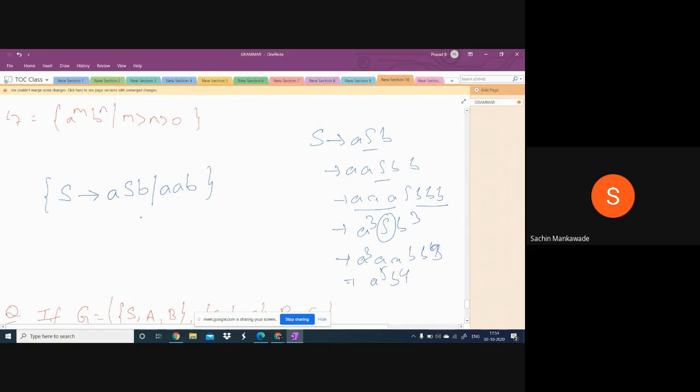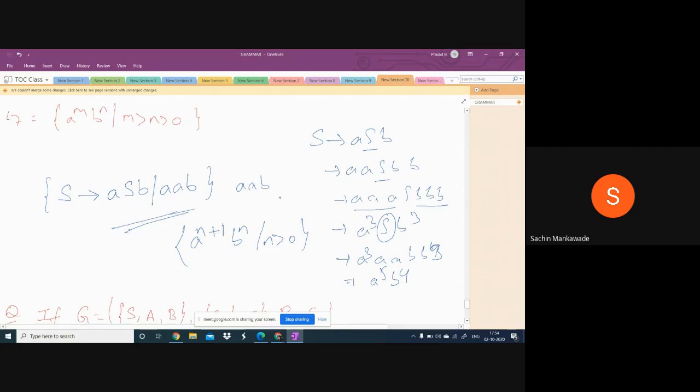So this will give the language A power n plus 1, B power n, where n greater than 0, meaning the least string is AAB, and this grammar gives only one extra A than the B's.